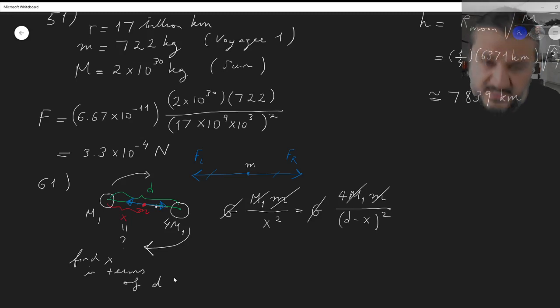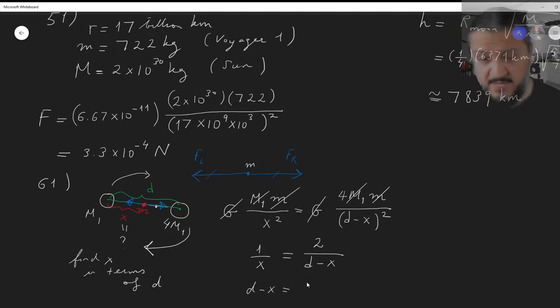All right. So we have squares on both sides. Let's take the square root. 1 over x will be equal to square root of 4, which is 2, divided by square root of d minus x. Or if you cross multiply, d minus x is equal to 2x.